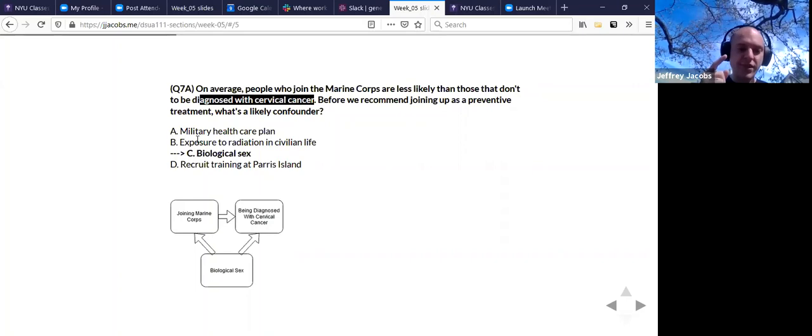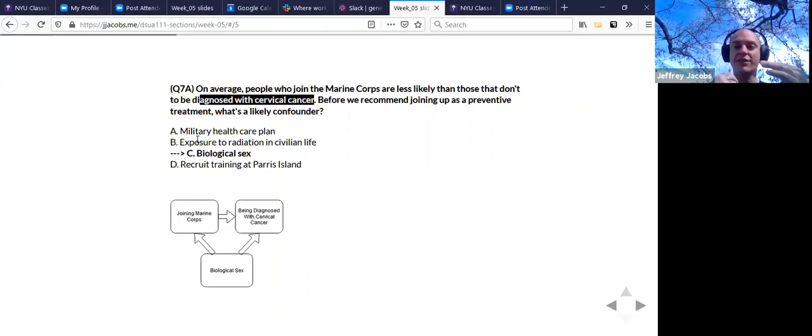Because the story doesn't make sense. There's no sensible story for how being on the military healthcare plan would cause someone to join the Marine Corps, right? Because that's reverse. If you remember Prof. Sperling's lectures, he talked about how one of the conditions that needs to hold for causality is that if X causes Y, X has to temporally precede Y, right?